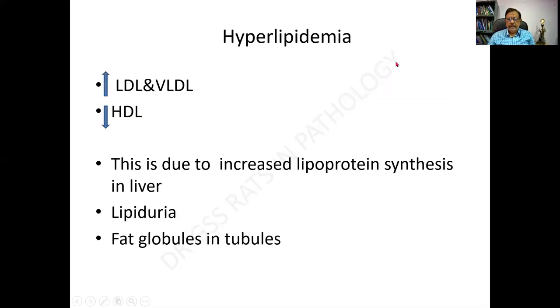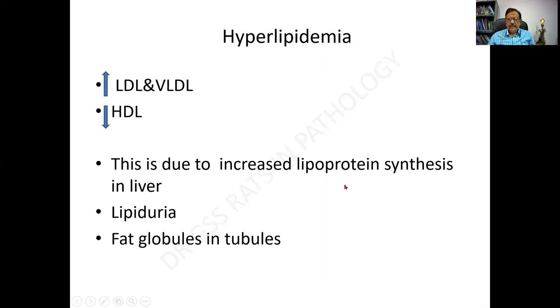What is hyperlipidemia? You find that there is an increase in the production of low density lipoproteins as well as very low density lipoproteins and a decrease in HDL. Because of the increase in the lipoproteins, you find that there can be an excretion which is called lipiduria.